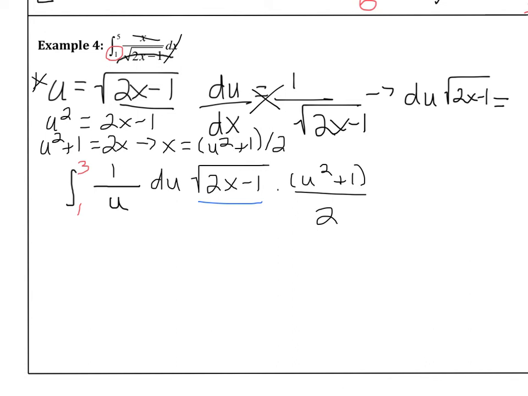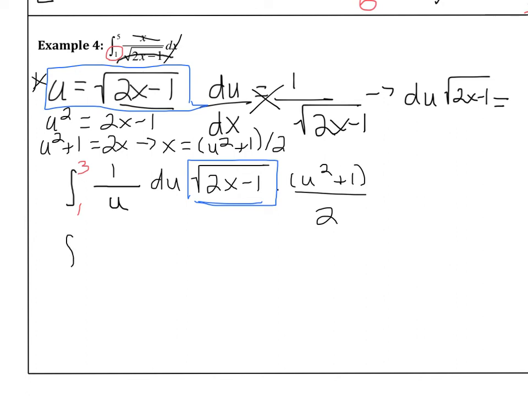However, notice the offending item. We can replace it with some u's now, can't we? Apparently that root 2x minus 1, that's just u. So let's write it.